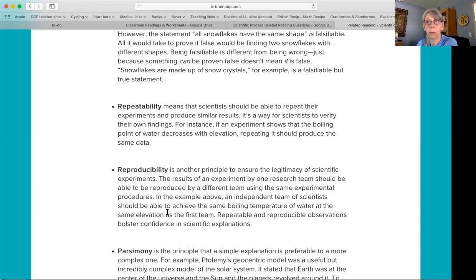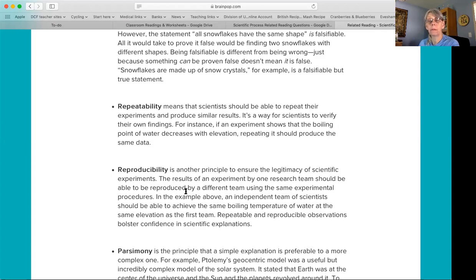You should get similar results to mine. That's reproducibility. Now, if I can do it over and over again and get the same results, that's good repeatability. If I can do it and then you can also do it and get similar results, that's reproducibility.